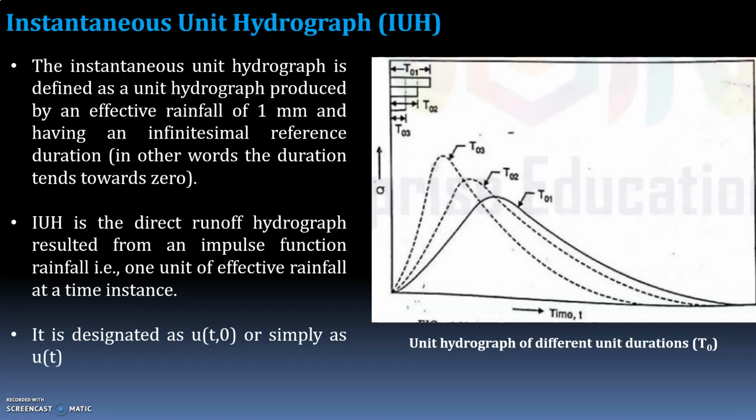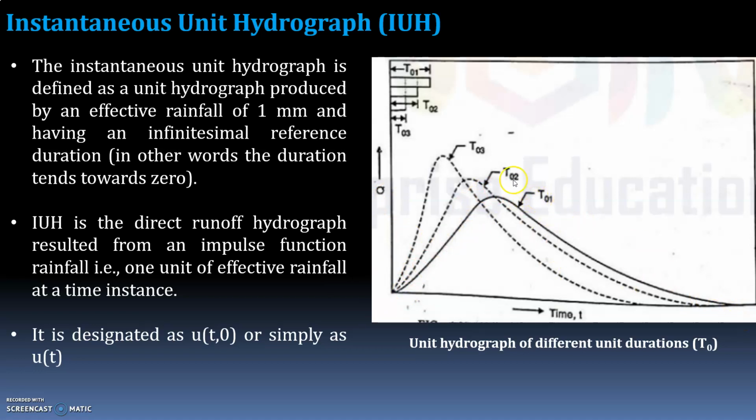The instantaneous unit hydrograph or IUH is designated as U(0,t) or simply as U(t). You can see this is a graph of various different unit durations T0, and this is the discharge. So these are the unit hydrographs for the various durations.